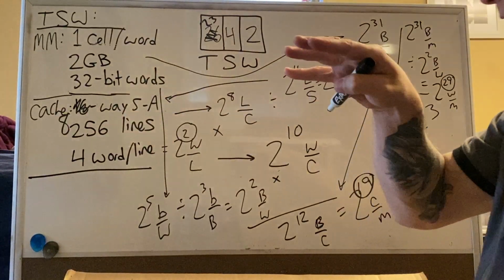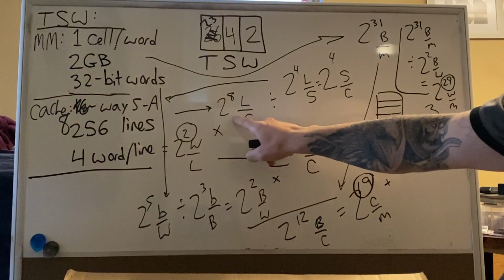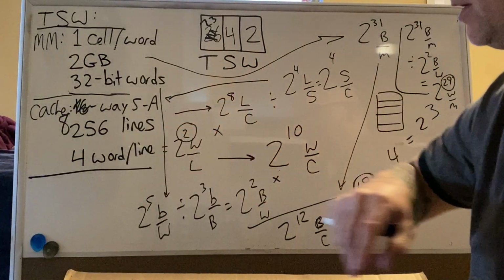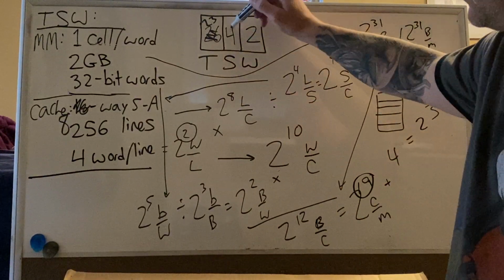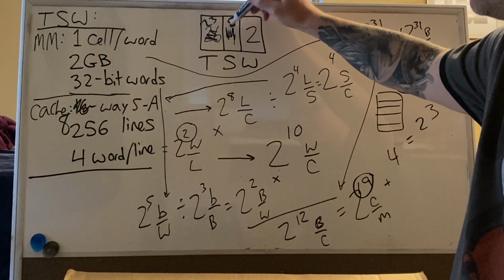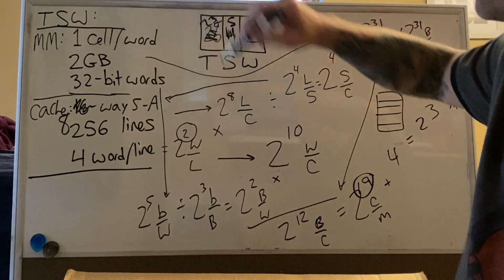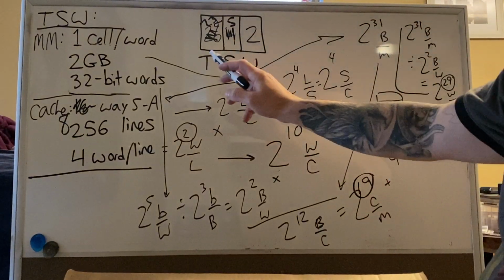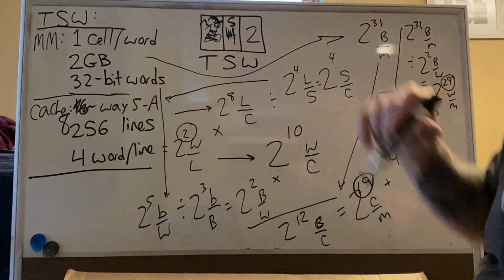There's the same number of lines, 256 lines. I didn't change that either. So instead of 2 to the 4 sets, there'll be more smaller sets. And the whole thing still has to add up to 29 bits. So I got 22 plus 5 plus 2.